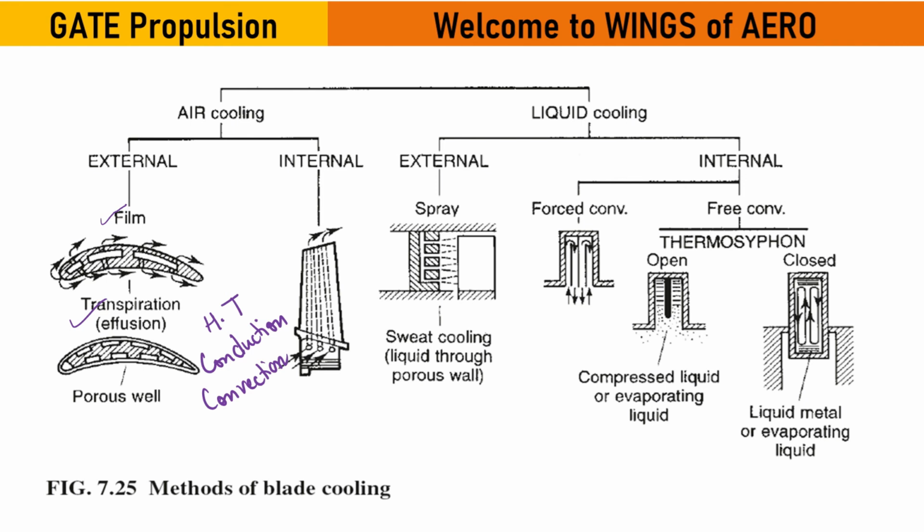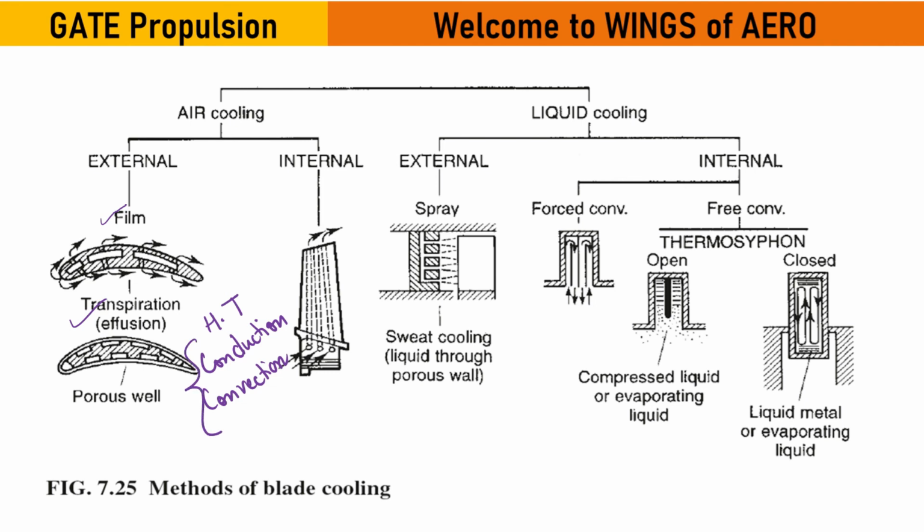Conduction means heat transfer from one solid body to another solid body. Convection means from a solid body to the fluid. Film cooling and transpiration cooling come under this kind of concept.